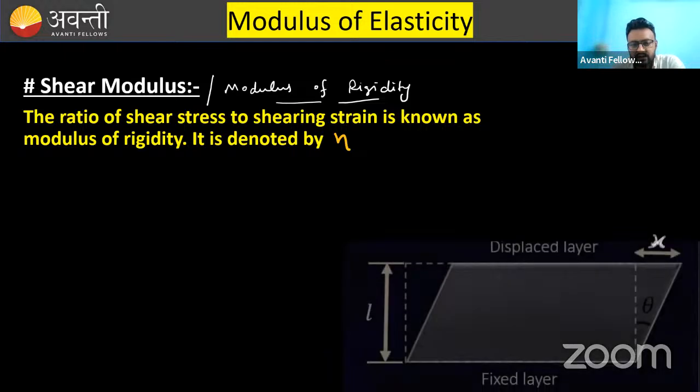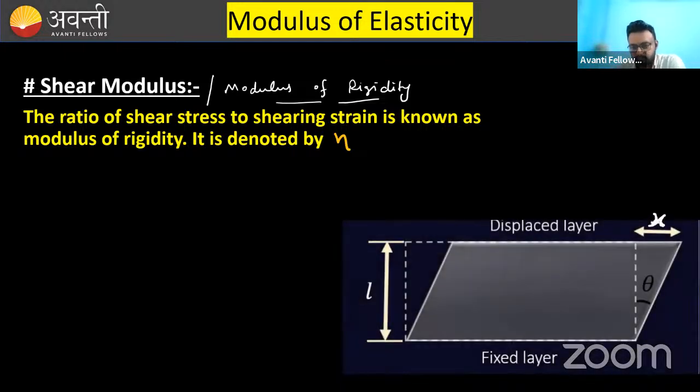For example, have a look at that. This is a body. With the dotted lines, this is the actual body, the front view of the body. Now a force F acts on the top surface on the right side.